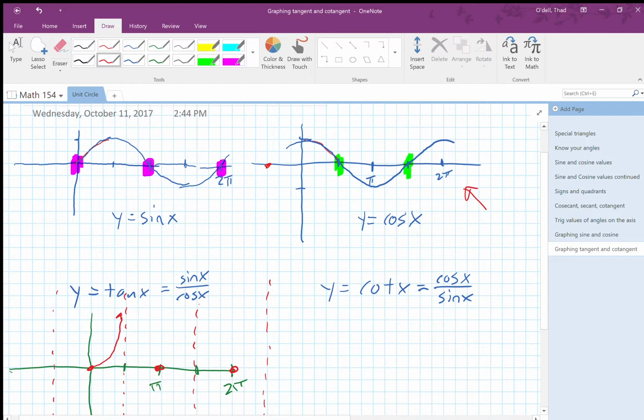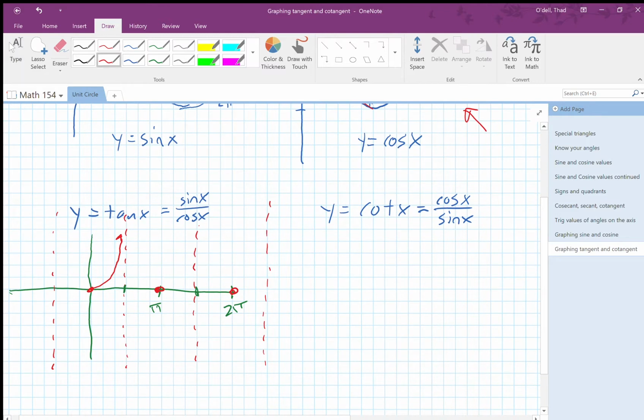And if you notice on the other end, over in the second quadrant, now sine is getting smaller and smaller, and cosine is headed towards 0, but going the other way, back this way, it's going to be blowing up negative because sine is positive and cosine is negative.